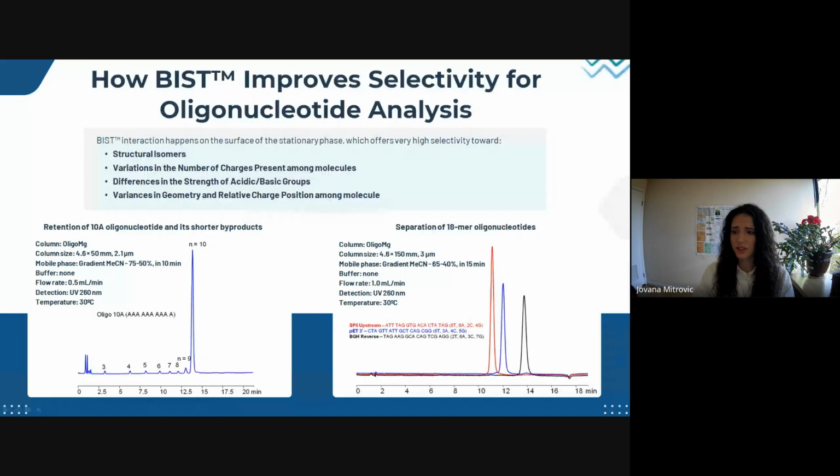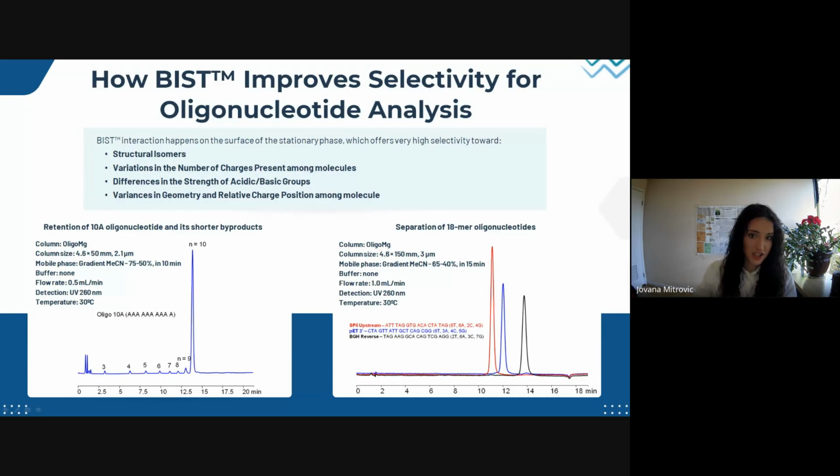So let's take a closer look at the two examples shown in this slide to illustrate how OligoMG achieves high selectivity. In the example on the right, we are separating three different 18-mer oligonucleotides. These sequences are the same length and have the same number of negative charges, but they differ in their base composition, that is, the specific nucleotides making up the chain.